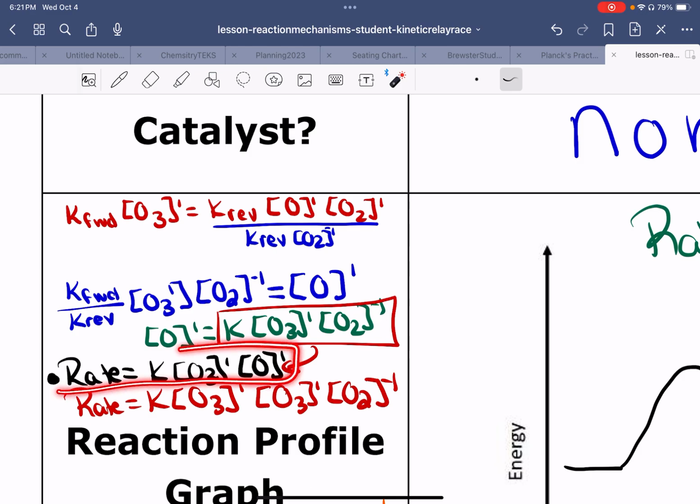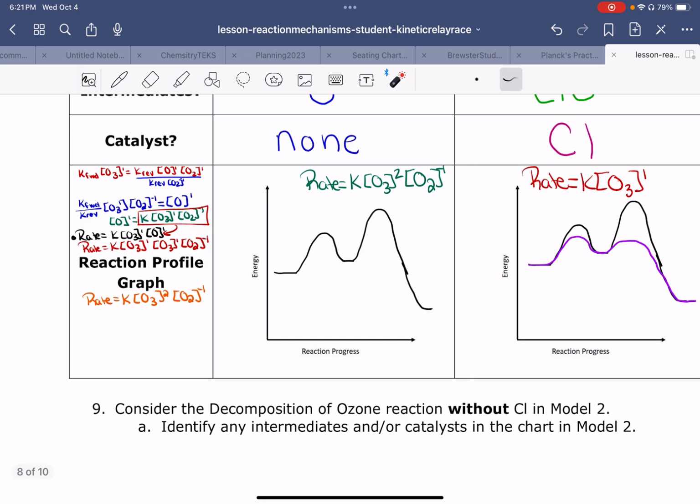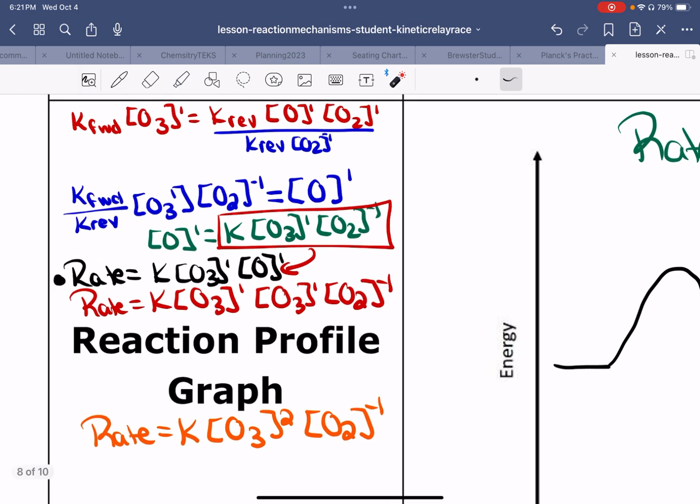So my rate for the slow step here is O3 and O. I'm going to sub in for my O this expression. Don't forget you've got the negative 1 there. This becomes O3 squared, because I have 2 of them, times O2 to the negative 1.